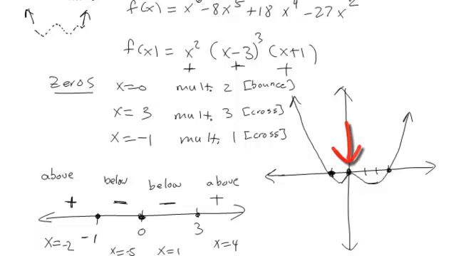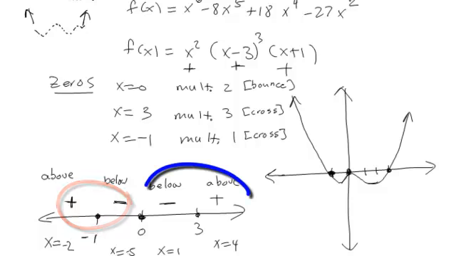So see here at -1 and 3, those both had odd multiplicities that crossed. Look at the signs: at -1 it went from positive to negative, and at 3 it went from negative to positive. So that's how you can use that information to graph. You don't even need test points at that point. Once you know the multiplicities and the end behavior, you're set to go with your number line.